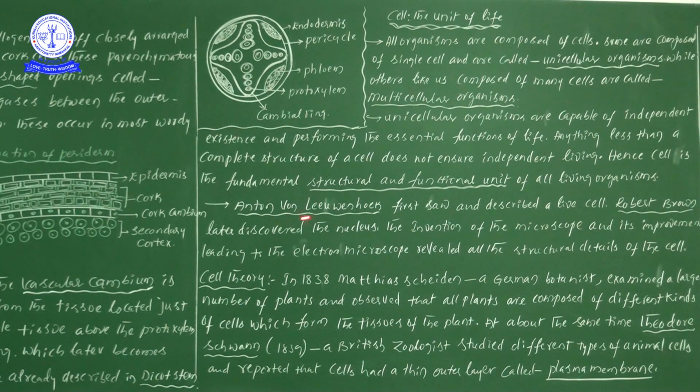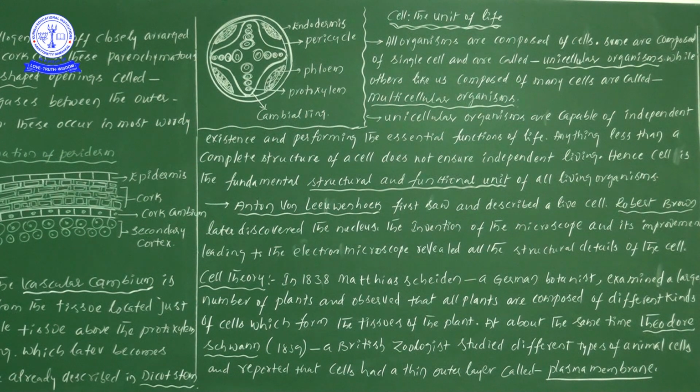Next one, from here onwards the actual class will start. Listen carefully. Anton von Leeuwenhoek, the scientist, first saw and described a live cell, a living cell. So who observed the living cell first? The answer must be Anton von Leeuwenhoek.